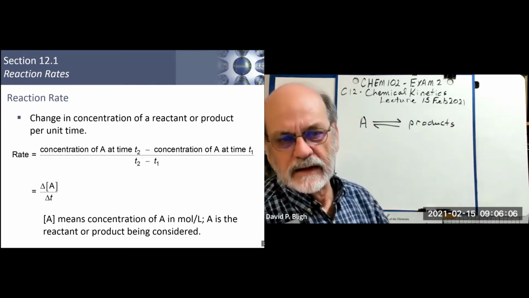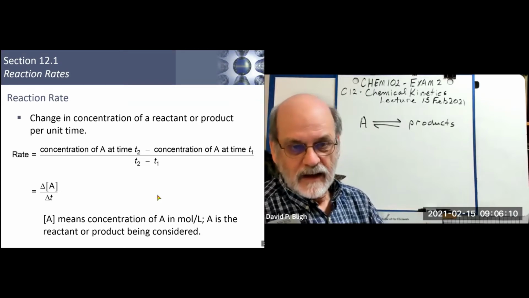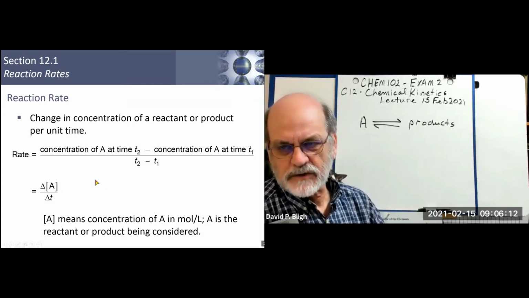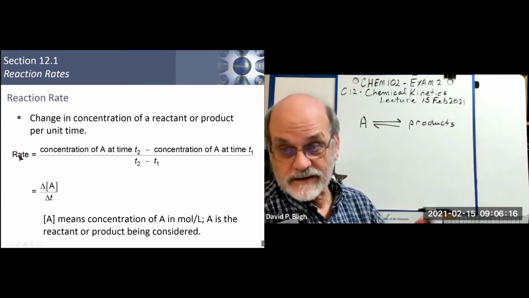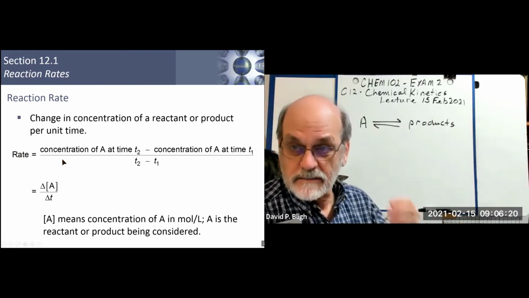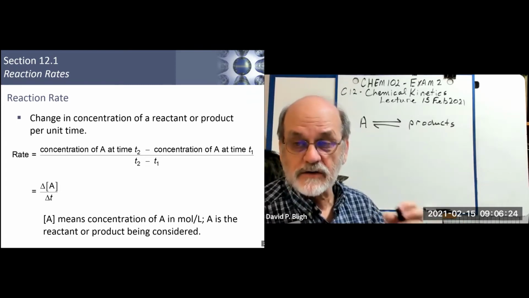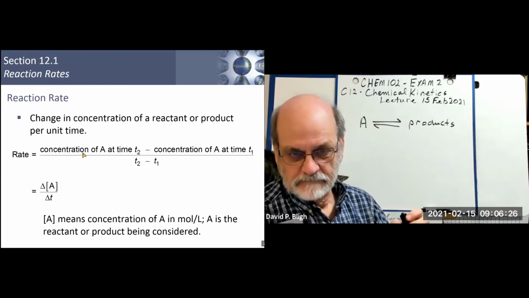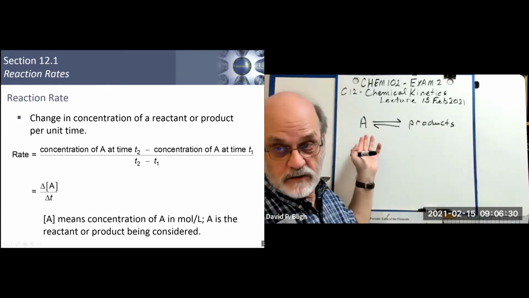Okay. So we need a way to express the rate of the reaction. And we're going to start off sort of generically. We're just going to say rate is equal to something. And usually we're concerned with a change in concentration of, in this case, A. How does it change over time?